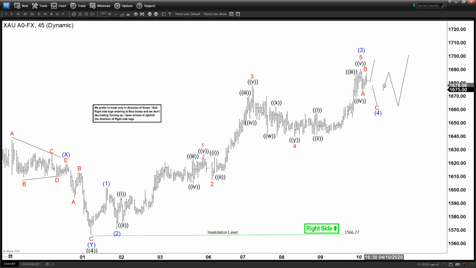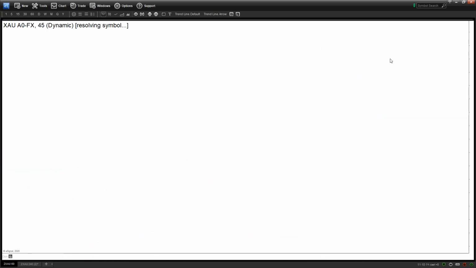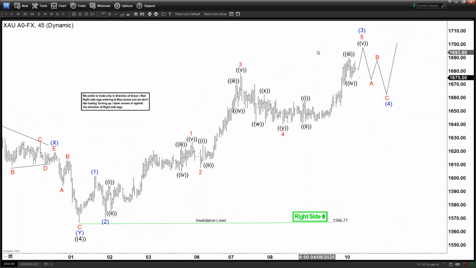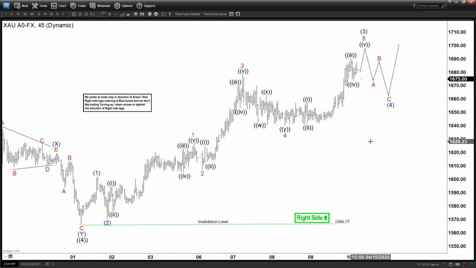So that's also another possibility, in case we do get another sell-off in the coming hours. Again, if it is closed, then we need to wait until next Monday to see if it is really going to go down or resume higher again.